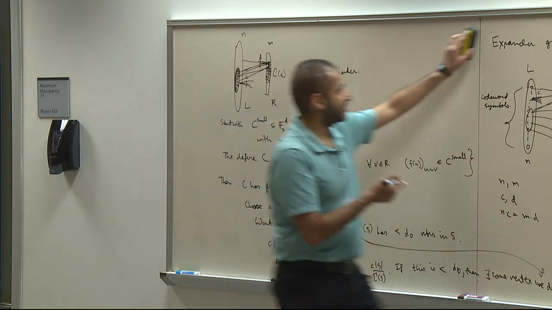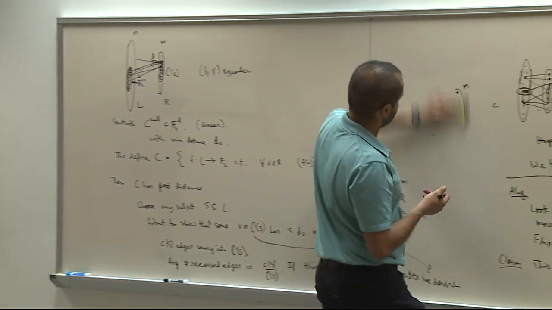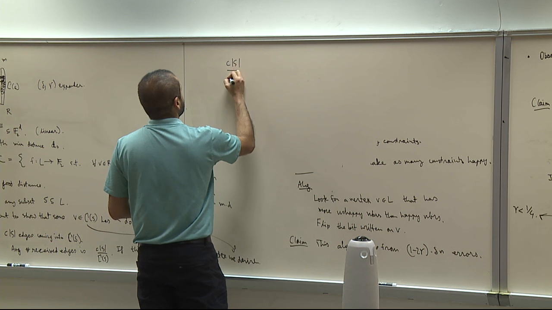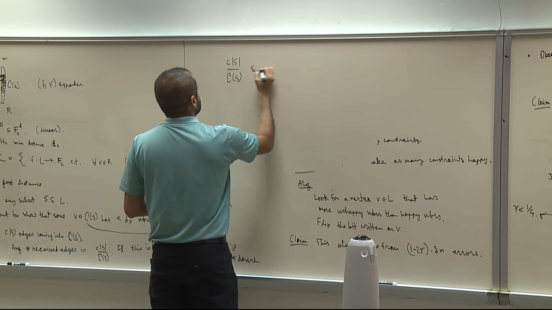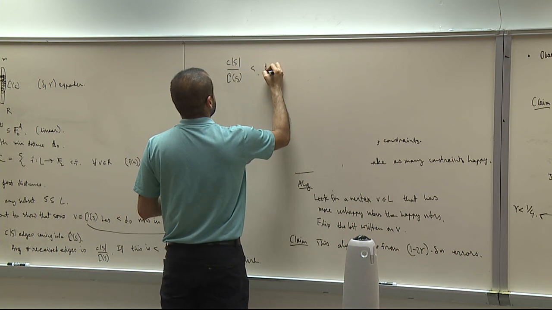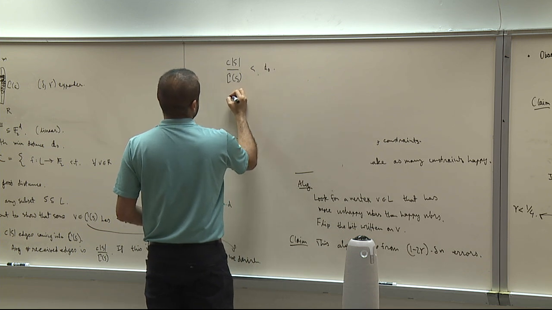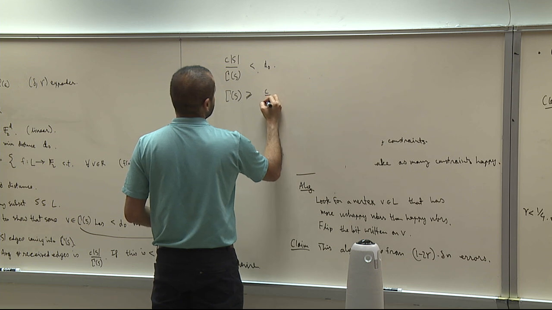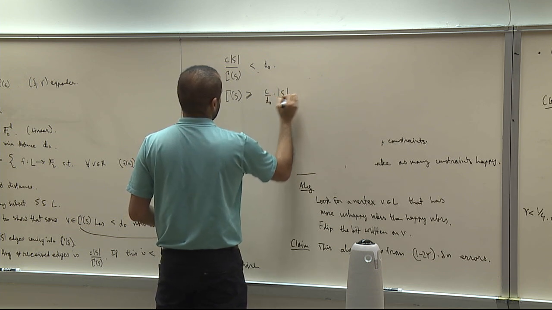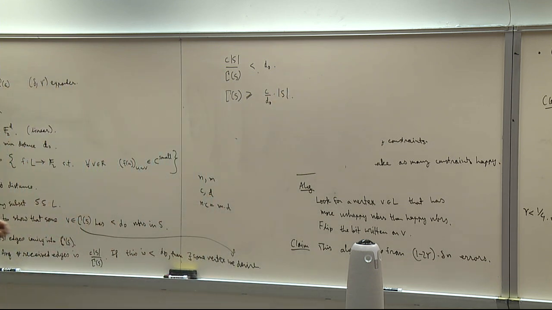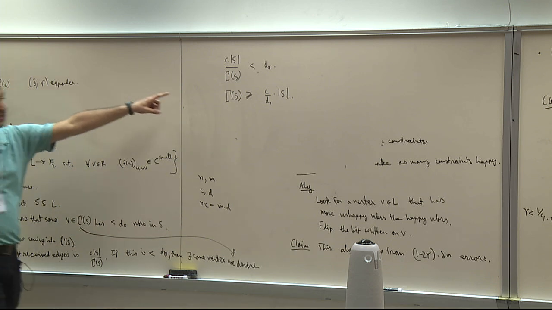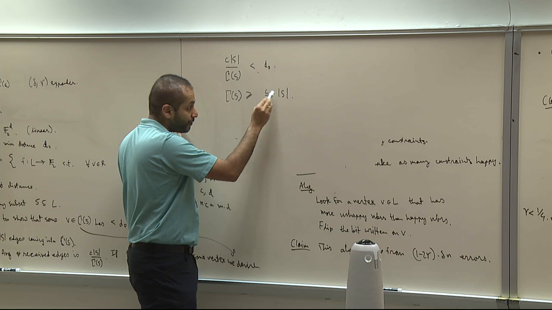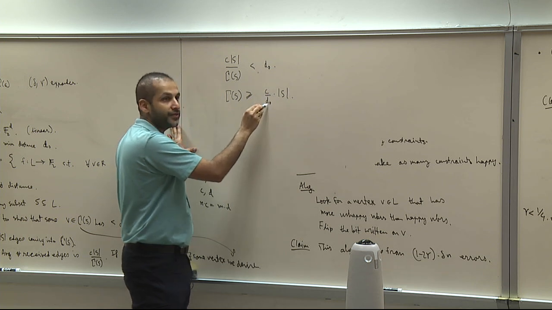So that's our condition: C size S over gamma S less than d0, which is the same as the size of the neighborhood of S being at least C over d0 times size S. And this is the expansion that we now require. Instead of C times 1 minus gamma times size S, it becomes C over d0 times size S.